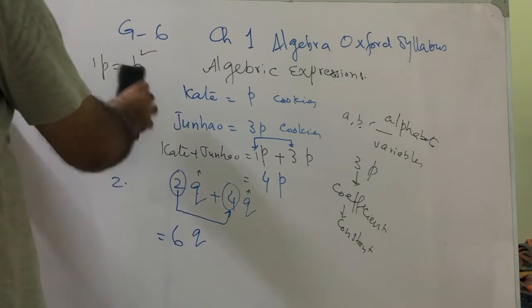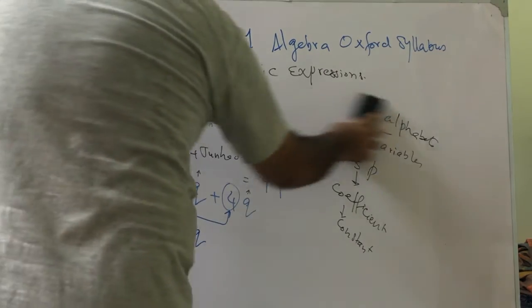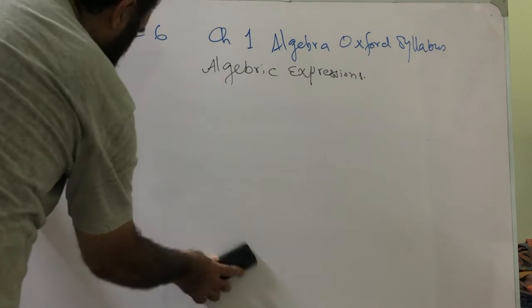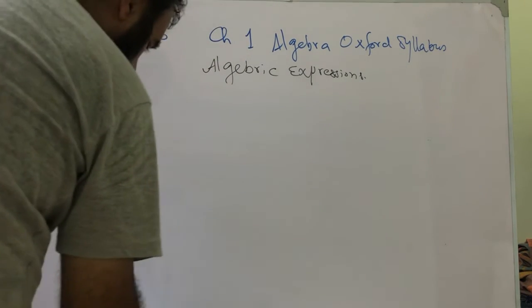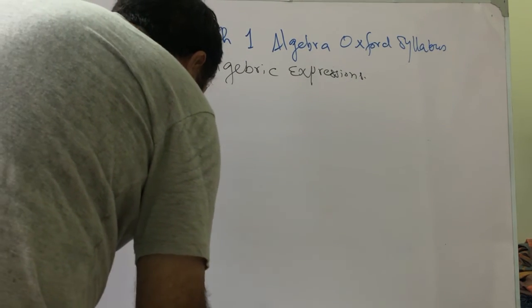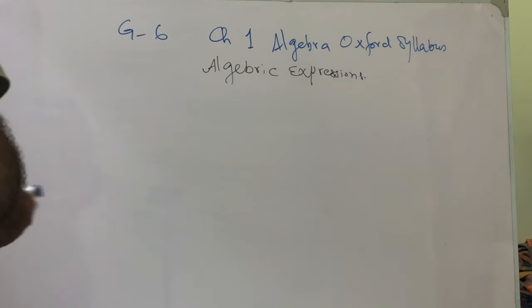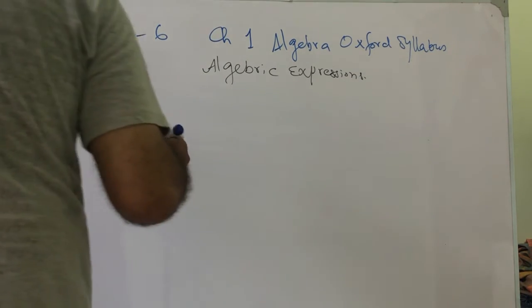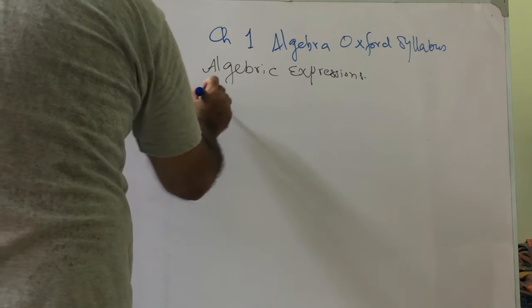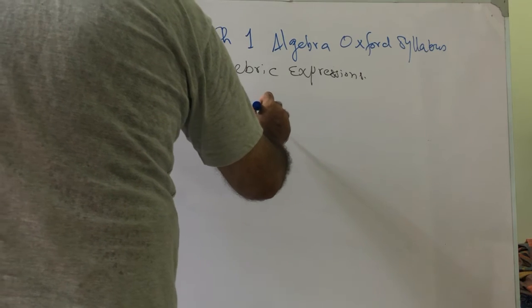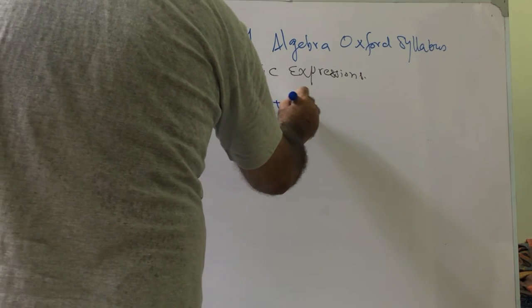Okay. Now we will move ahead. Things are very easy. You just need to be focused and give your time to math, and you will get to know it easily. Number 3 is simplify 3r plus r plus 5r.